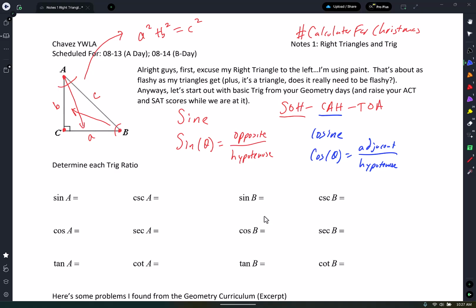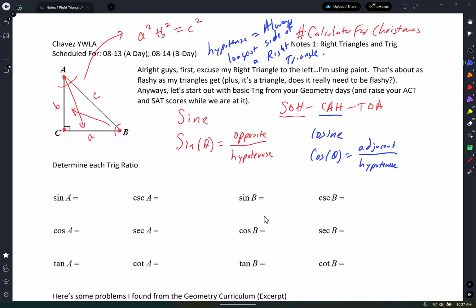The hypotenuse is always the longest side of a right triangle. Hypotenuse is a property of right triangles. So if you don't have a right triangle, you don't have a hypotenuse. Does that make sense, guys?